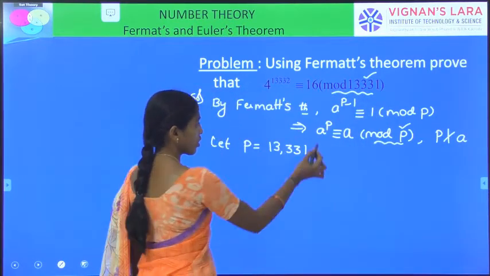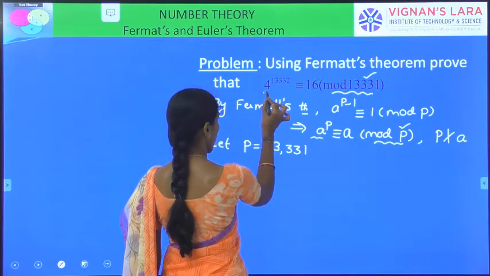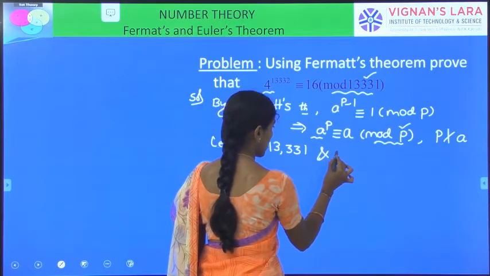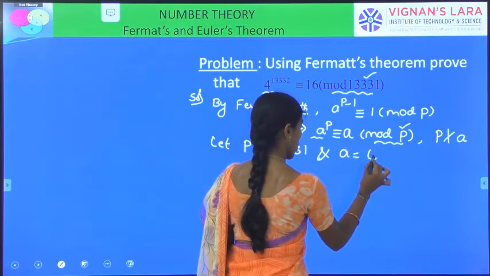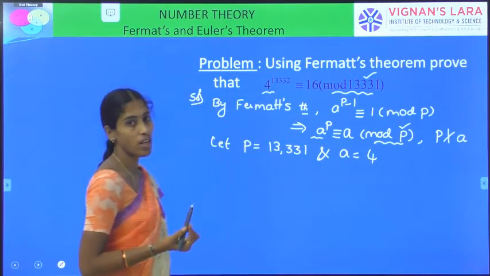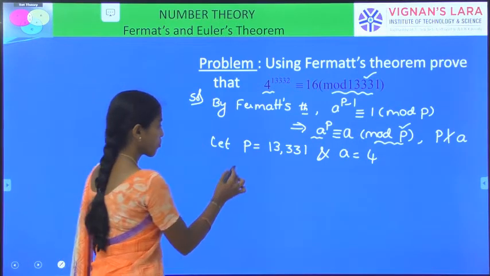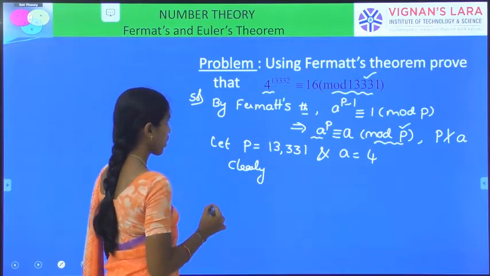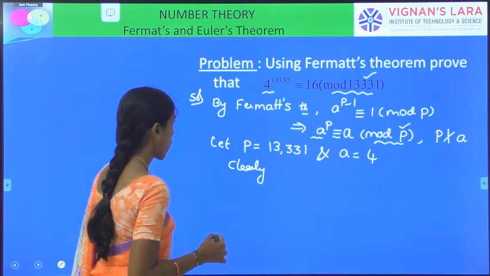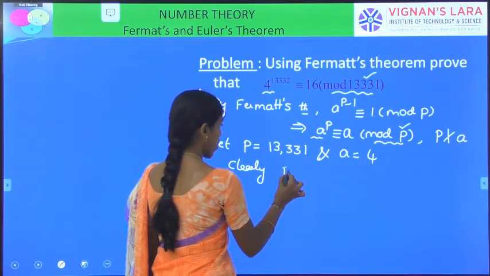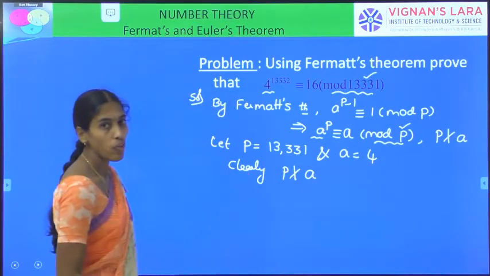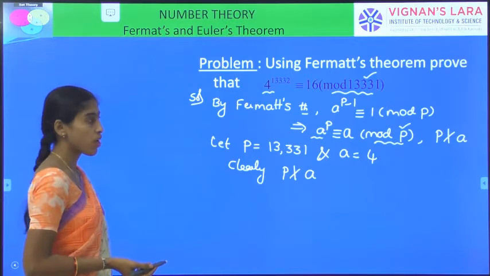A is the base value. What is A? A is 4. Now check whether P divides A or does not divide A. Clearly, P does not divide A. So now we can use the statement of Fermat's theorem.